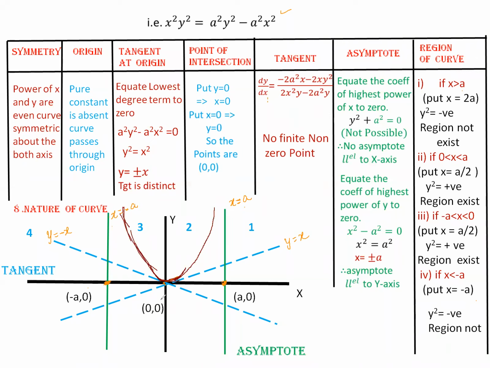The curve is symmetric about both axes, therefore its symmetry will be like this. Actually, this is passing through origin, so here it will be like this. This is not touching the asymptote. Okay, this is the curve.